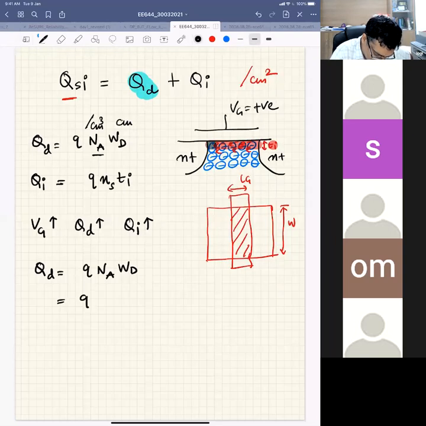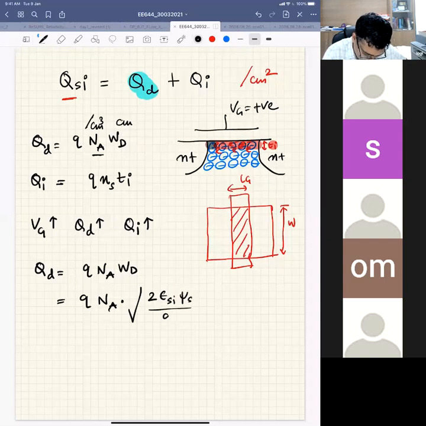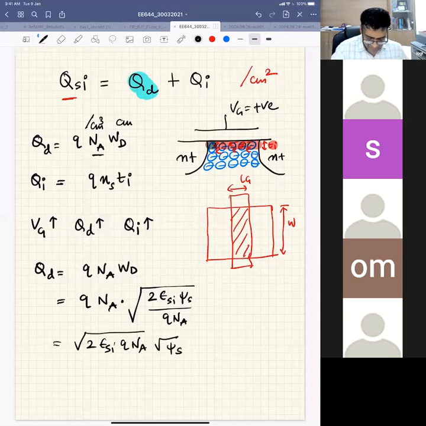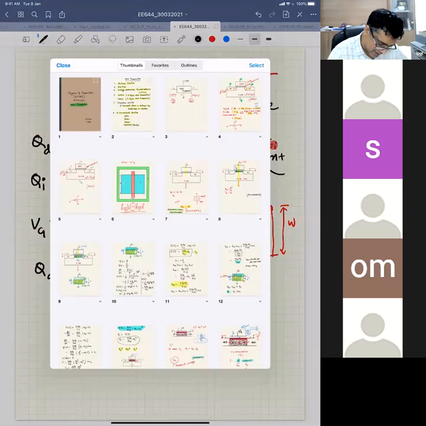And for WD, we derived it yesterday. WD is 2 epsilon Si psi s divided by QNA, under the root, so it goes as root over psi s.